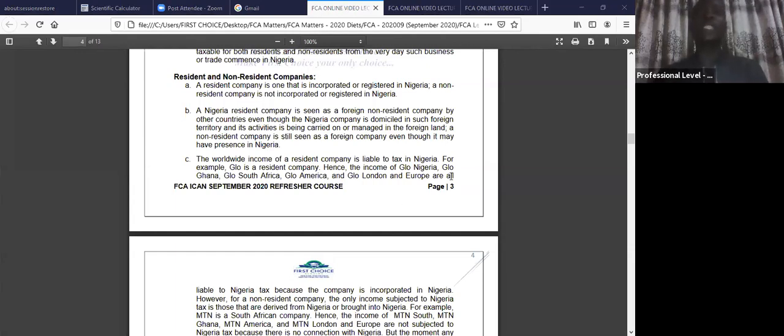Now, in our topic for today, we are going to be looking at Nigerian resident companies that are earning foreign income. So you'll be thinking in the likes of Glo Nigeria, and maybe other multinationals that are registered in Nigeria but are earning foreign income.